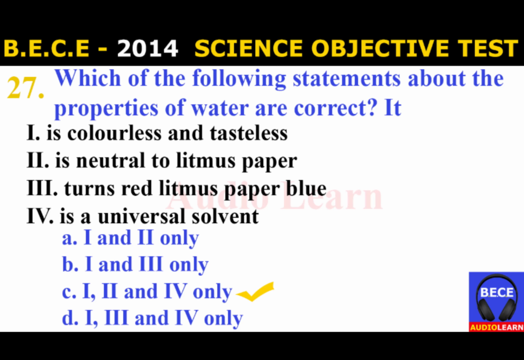And the possible answers are A. I and II only, B. I and III only, C. I, II and IV only, D. I and IV only. And the answer is C. I, II and IV only.